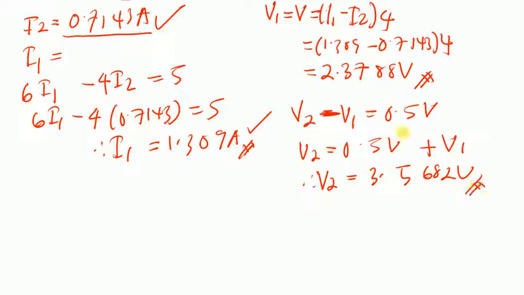You substitute the 0.5 times this V, and then plus V1, and you get this answer. So now you're done analyzing this circuit. Thank you so much.